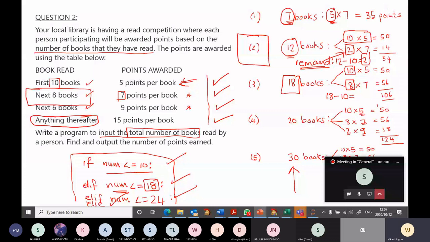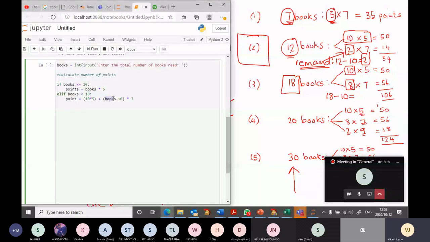Which is the total minus 10. 12 minus 10, I'm left with 2. 18 minus 10, I'm left with 8. So that is exactly what I'm doing in my coding. I'm taking the total number of books minus 10. That tells me how many is left over, and that answer I am multiplying it by 7. Okay.